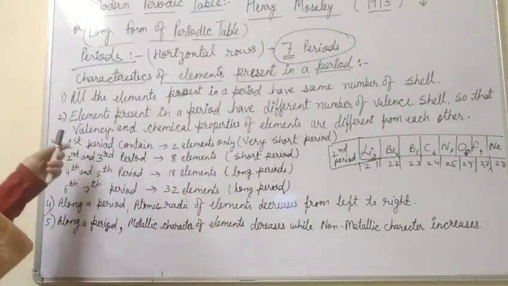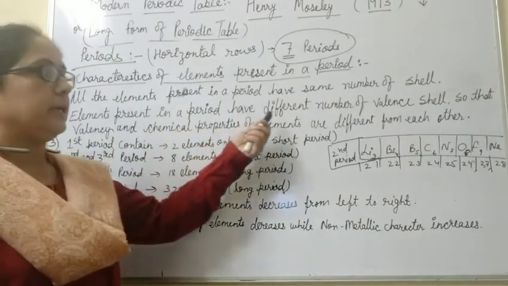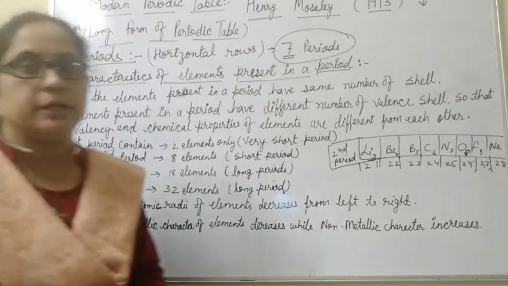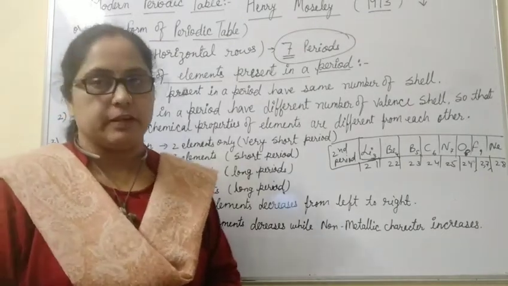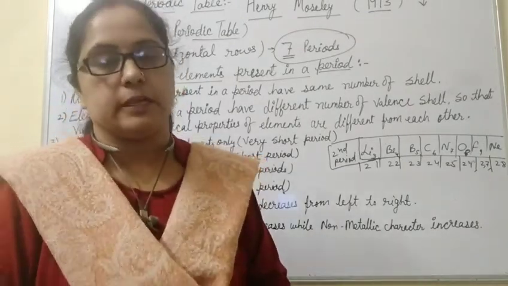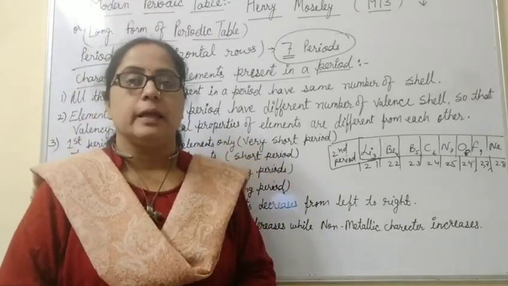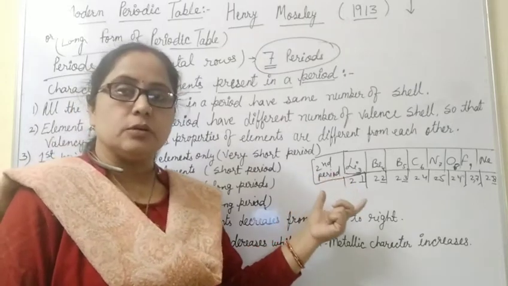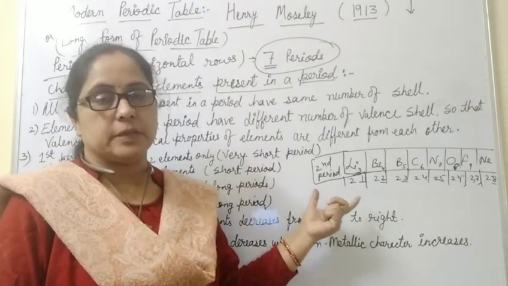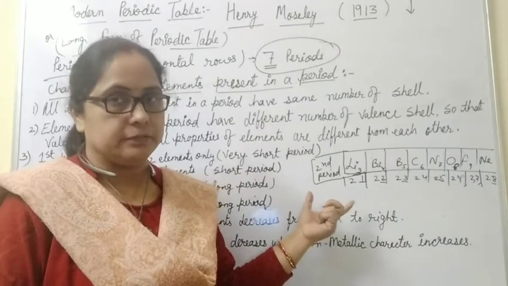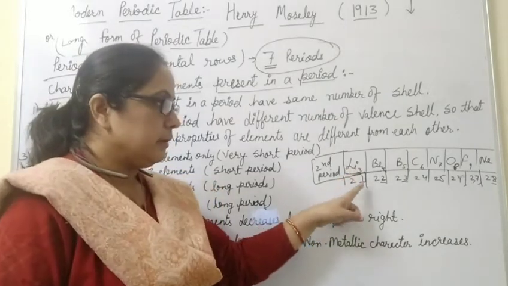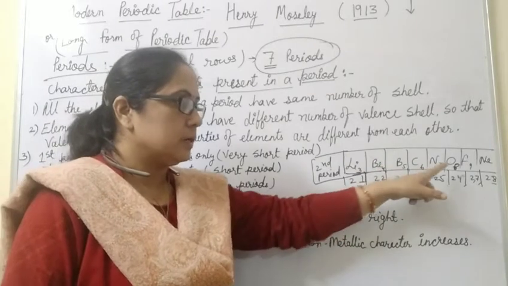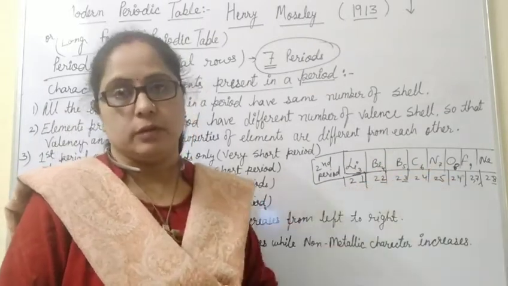Second characteristic of a period: elements present in a period have different numbers of valence electrons, and so their valency and chemical properties are also different, because we know that valence electrons and valency are related to each other. You can see here that the valence electrons of all the elements present in the same period are different. For example, lithium has valence electron 1, boron has valence electrons 3, oxygen valence electrons is 6.